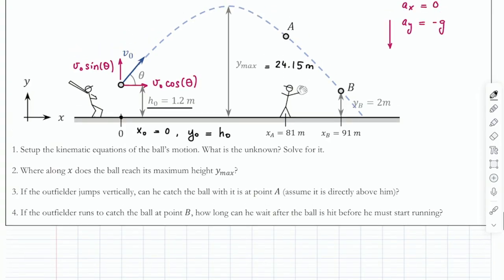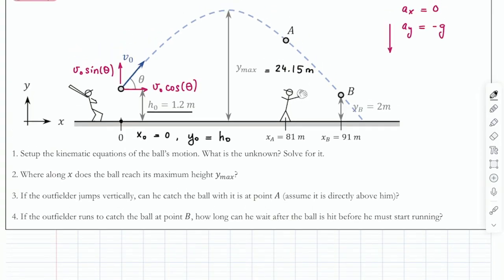Okay, so let's see if I can, I'll do my best here. So x of t is 1/2 a_x t squared, that's 0, plus v naught x t, and that's v naught cosine theta t, plus x naught is 0.